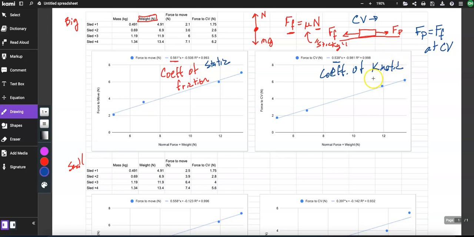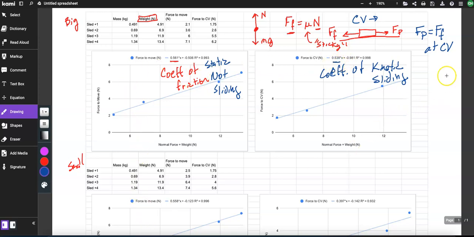Kinetic and sliding friction are the same, and then static is where you're not sliding. So this number should be smaller than this one, because with the coefficient of static friction, it takes more force to get something going than it does to keep it moving. So that's the first one.